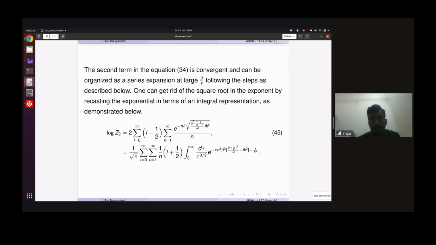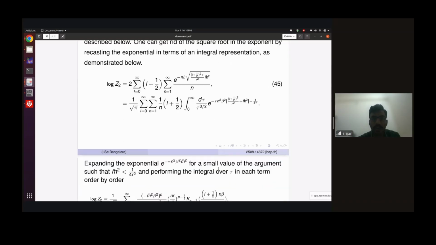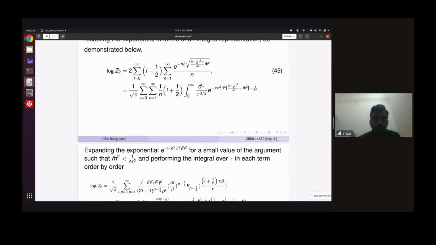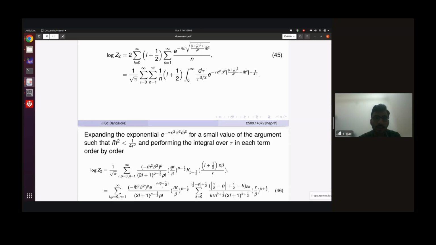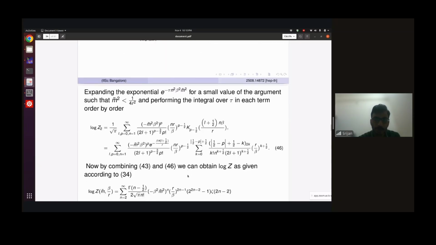Again we use some integral representation for this exponential, and again we use a similar trick. So m tilde beta is finite, and in this exponential there is a small object compared to the other one, so you can expand in small m beta by r in that sense. Then you can integrate this tau integral, and you will obtain this modified Bessel function.